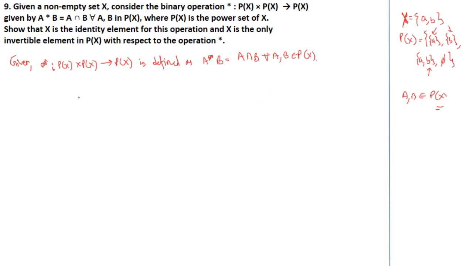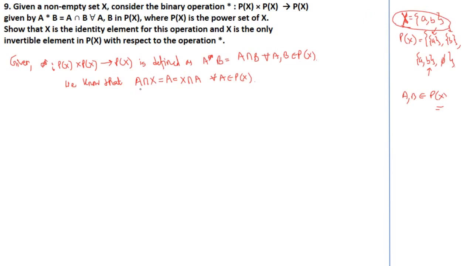Now we know that A intersection X is equal to A, that is equal to X intersection A for all A that belongs to P(X). Now check it out, that A intersection X, where X is the set itself. Sorry, my pen fell down actually.